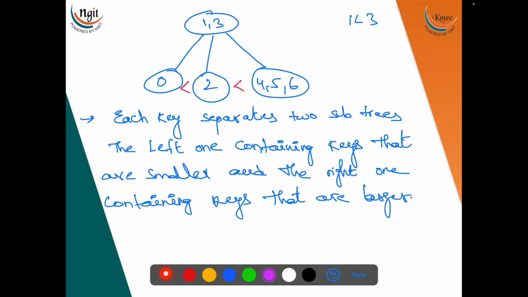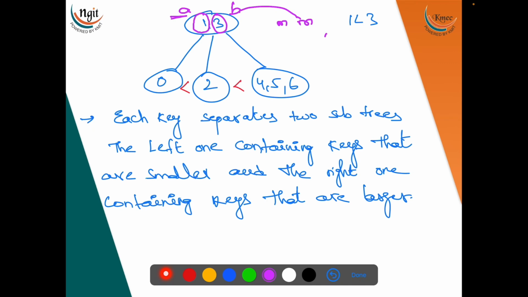I'm taking here a (1, 3) tree. Here you can see 1 is represented as A, 3 is represented as B. As I told you in the previous slide, A represents the minimum number of children and B represents the maximum number of children.